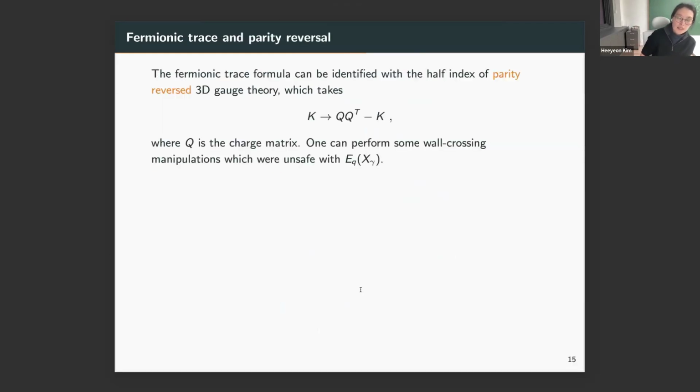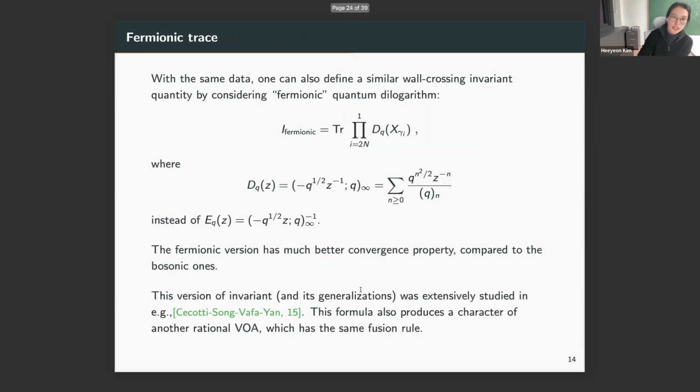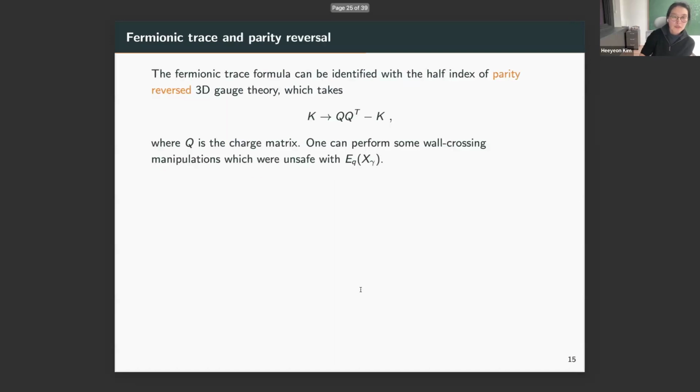The 4D interpretation of this fermionic trace formula is not very clear, but if you go down to the 3D gauge theory, it has a very clear physical meaning. And you can show that this fermionic trace formula can be identified with the half index of the parity-reversed 3D gauge theory that takes the Chern-Simons level k to minus k.